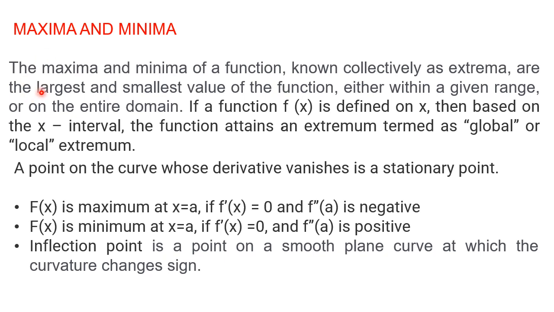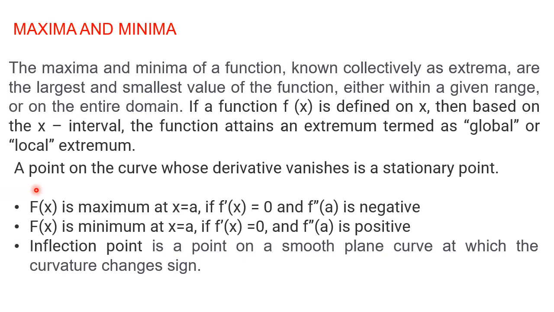Maxima and minima. The maxima and minima of a function, known collectively as extrema, are the largest and the smallest value of the function. A point on the curve whose derivative vanishes is a stationary point.